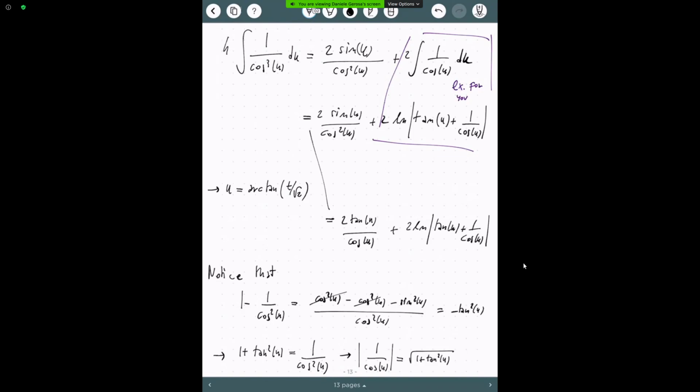Yeah. So I guess that in our case, we don't need to bother with the modulus, because 1 divided by cos u is always positive, at least between, well, actually, no. It's not always positive.